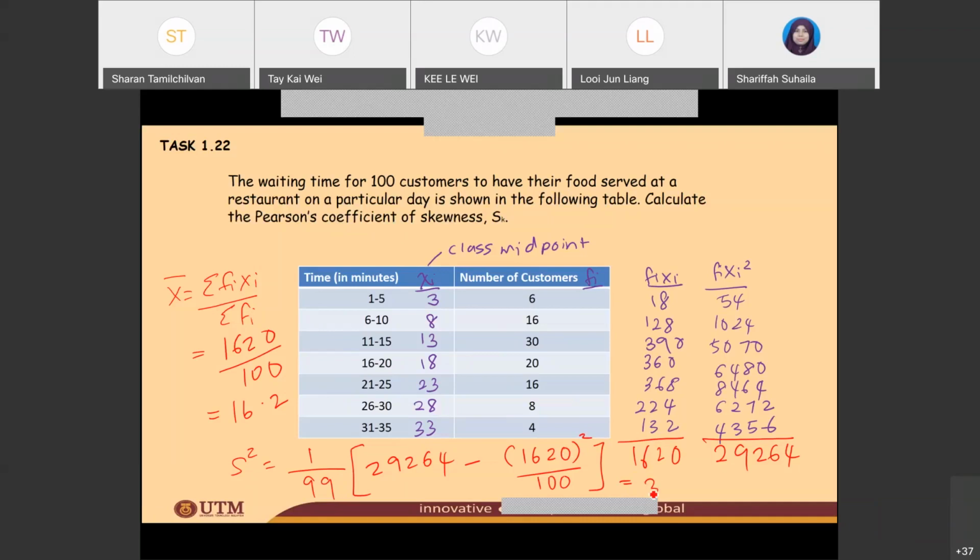So your S square should be 30.5051. So your S square is 30.50.